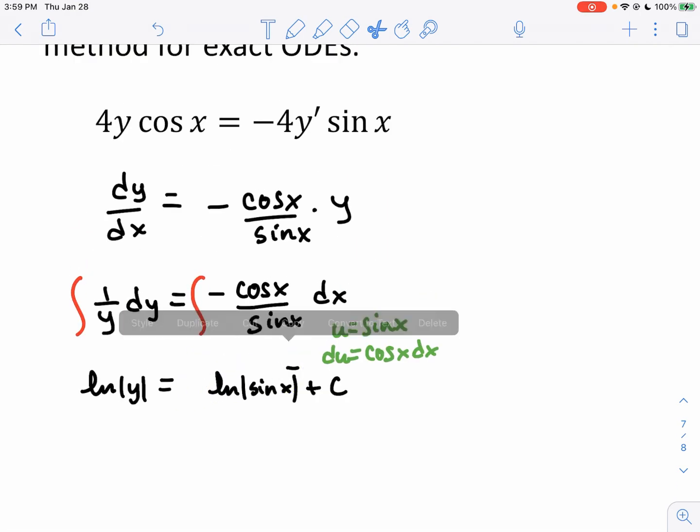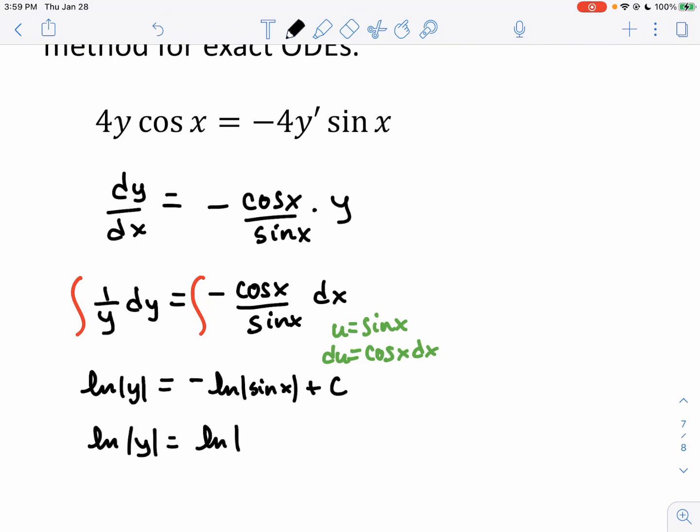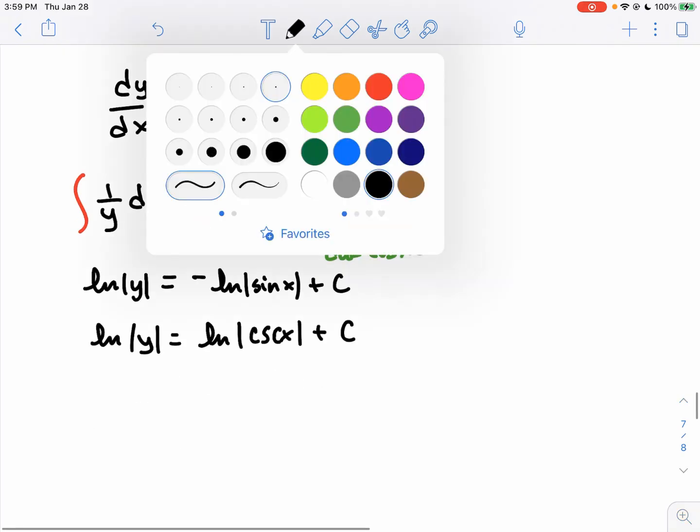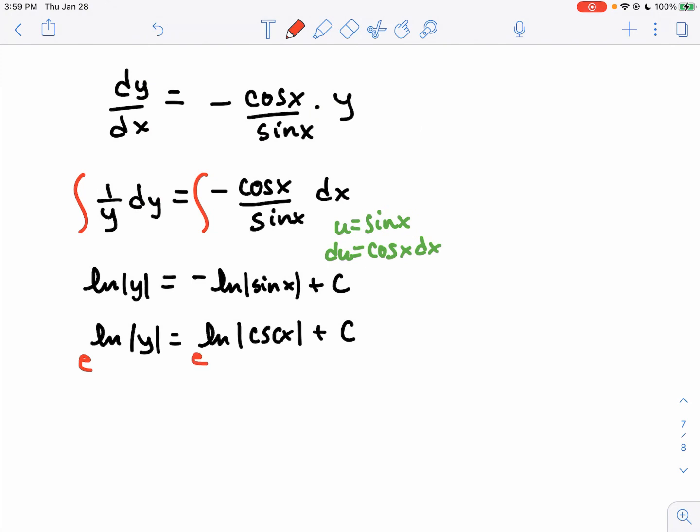I'm going to bring it up as an exponent on the argument. And this makes, not arc sine, not sine to the negative 1, but the sine of x raised to the minus 1 is 1 over sine, so that's cosecant. So I could write this as natural log absolute y is equal to natural log of cosecant of x plus c. And that was just convenient so that now when I exponentiate each side, I don't have that negative in the way.